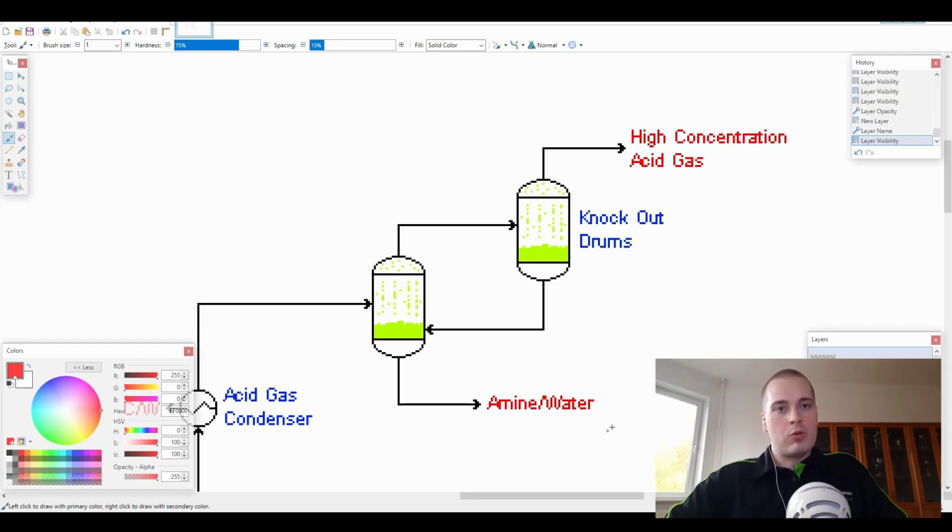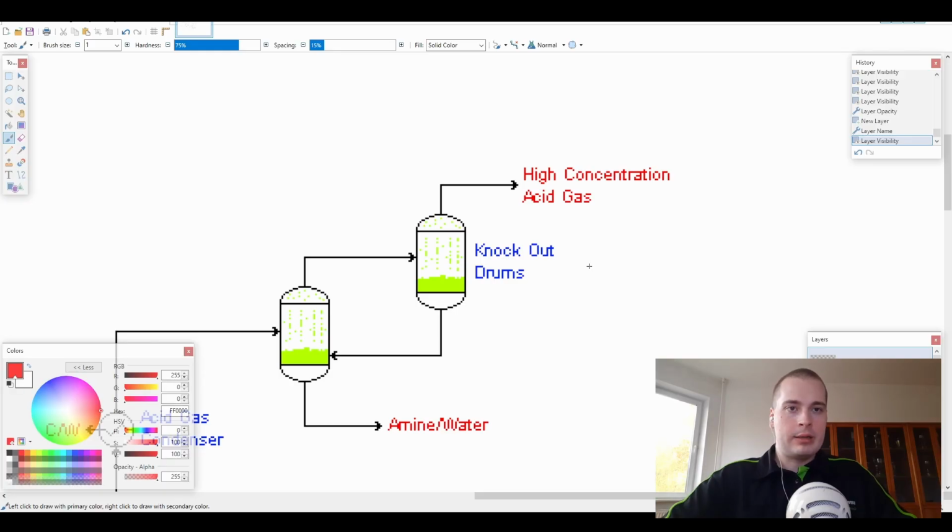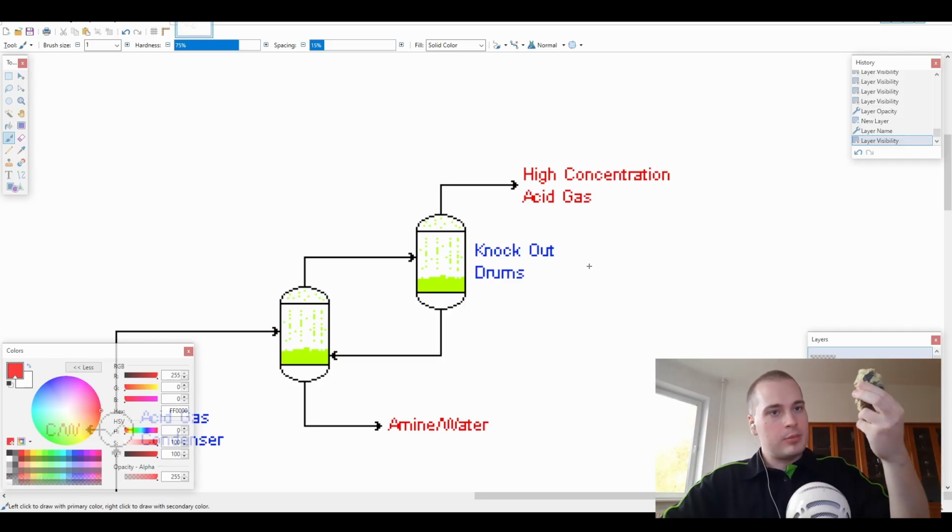That amine and water are fed back into the oil separator for reprocessing. And then our hydrogen sulfide gets to the next unit in plant 8, which is the SRU, sulfur recovery unit, where it gets processed and elemental sulfur, just like what I showed you earlier. Where is it? Elemental sulfur like this gets produced.